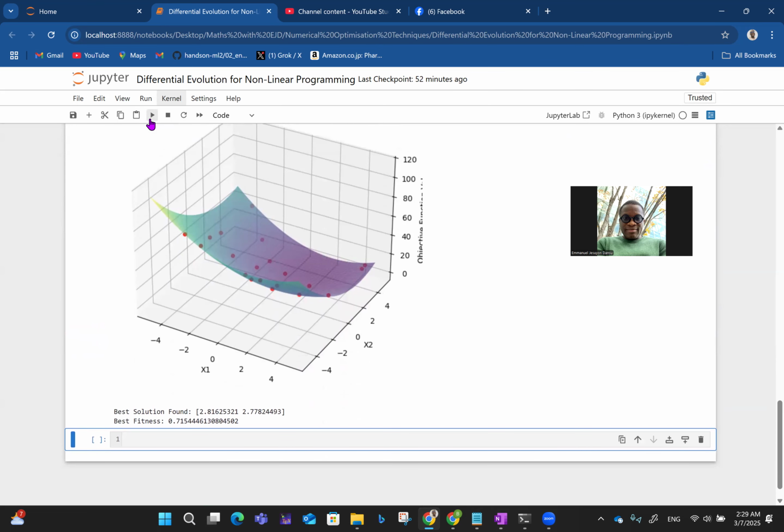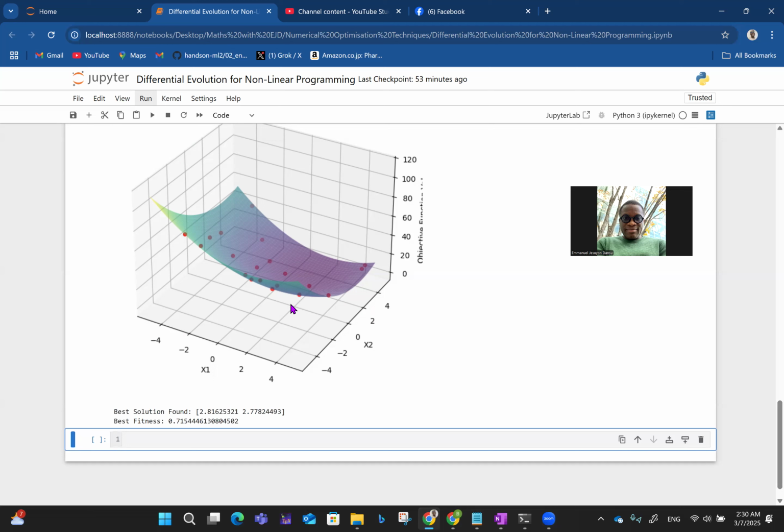From what I've run now, you see that we have x1, x2 equal to 2.8163, 2.7782. And then we have the best fitness, the minimum value. You can see all the values all over the place, and finally, we get the best results somewhere very down.